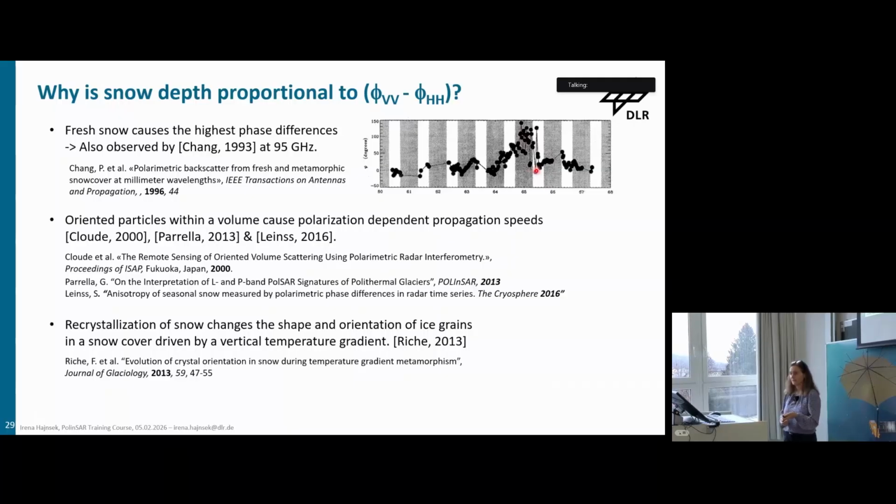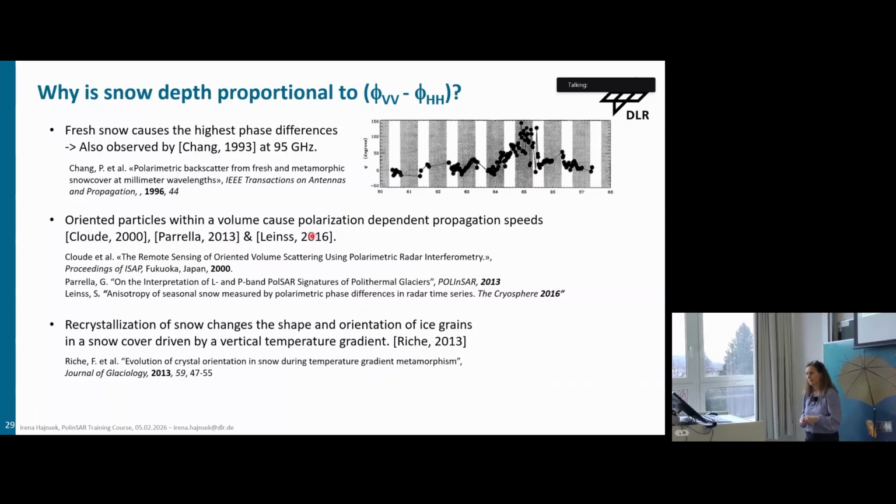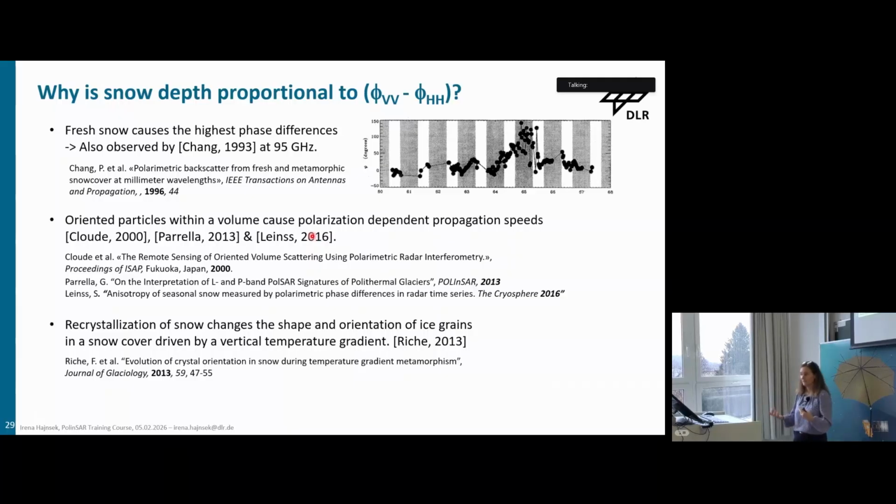And later on, from Cloude in 2000 or Parrella 2013, 2016, there we had the first time we were checking, to try to model this a little bit, to have an understanding of why there is a relation between the phase difference in HH and VV to the depth of the snow.